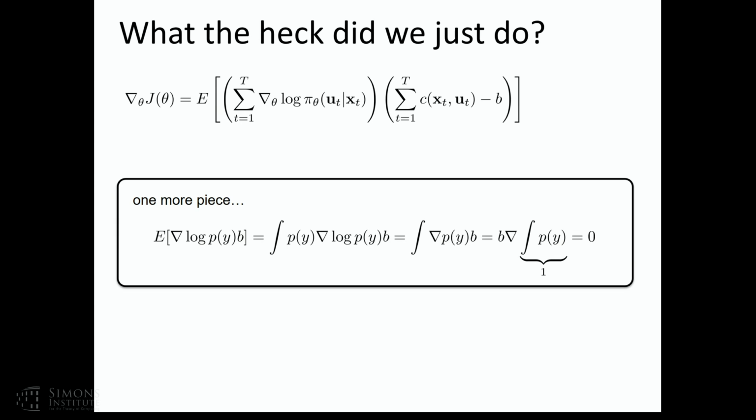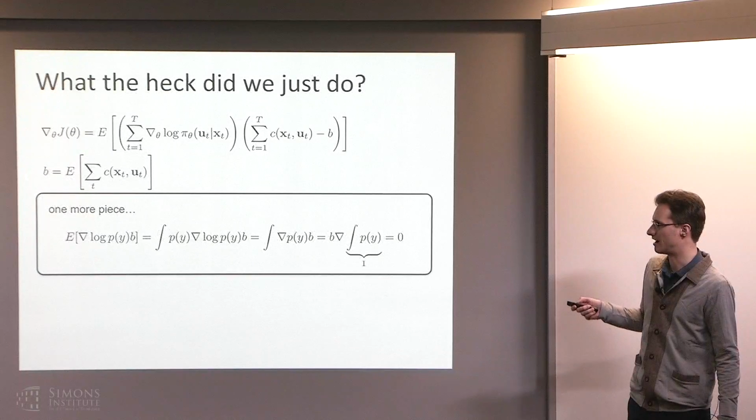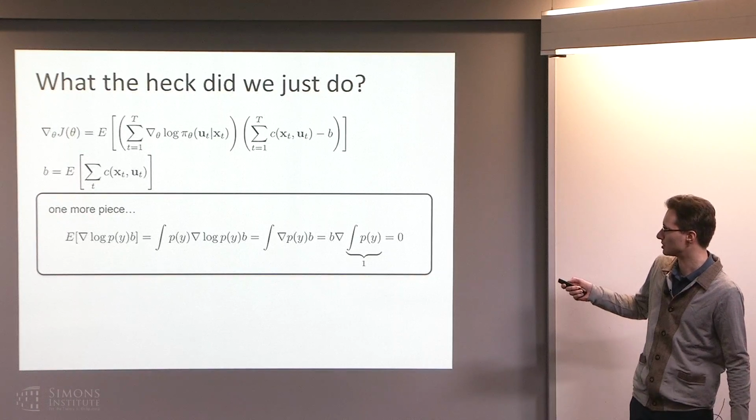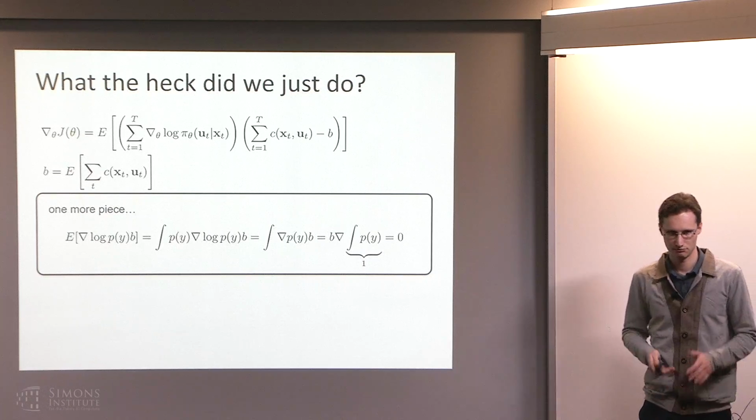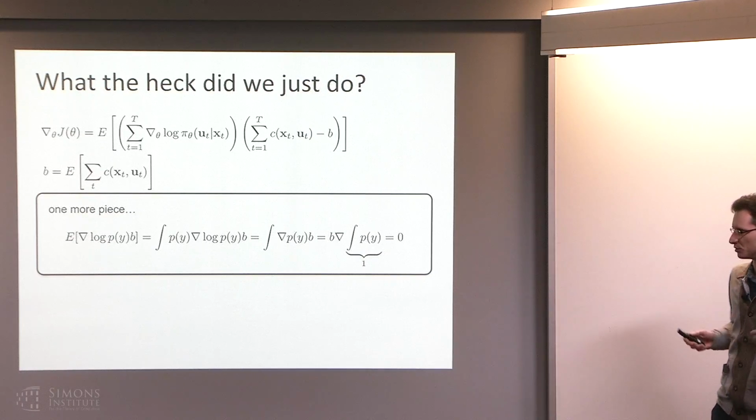But in the simplest case, you can choose a constant, and that already will go a long way to reducing the variance of your gradient. So that's a really useful trick. There are optimal choices for this baseline, which I'm not going to get into in this talk. But as a simple rule of thumb, a good but suboptimal choice is to just take the average cost. You take the cost of the current sample and subtract the average cost of all your samples. That works pretty well. It's not the optimal choice, but it's a pretty good one.